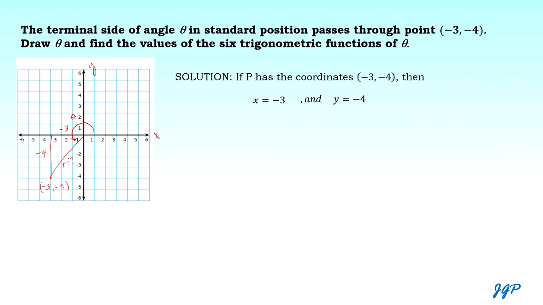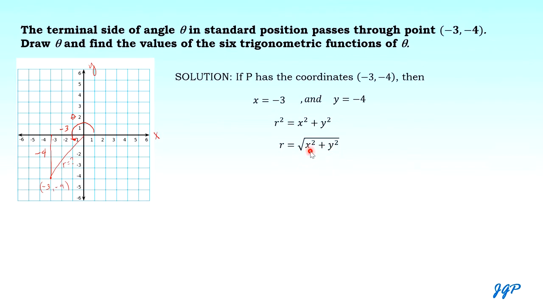And since that is a right triangle, we can use the Pythagorean equation, that is r squared is equal to x squared plus y squared, to find the value of that r. And from this equation, let's derive a formula for r, and that is equal to the square root of x squared plus y squared. Since we have the values of x and y, let's replace them.